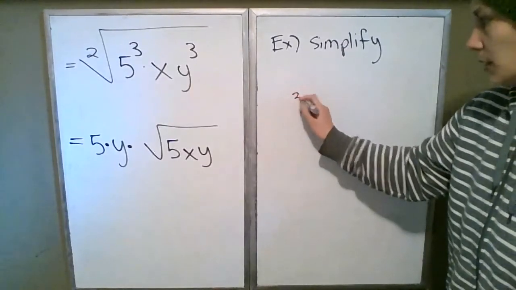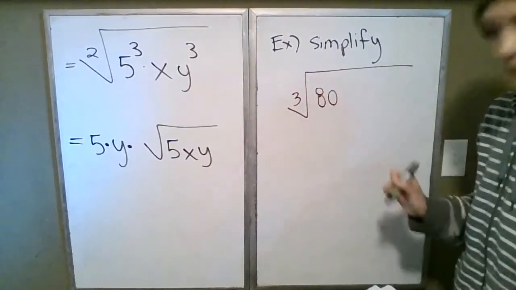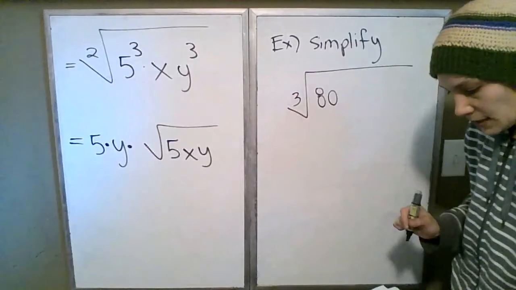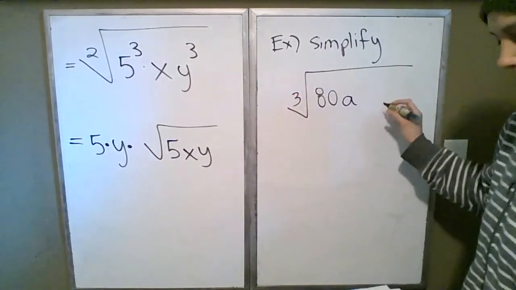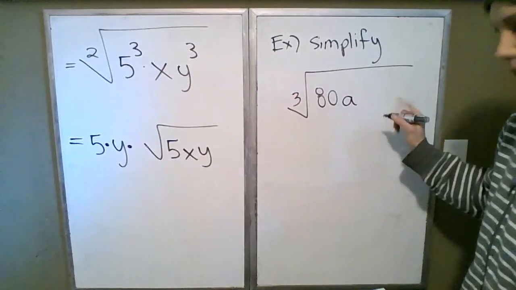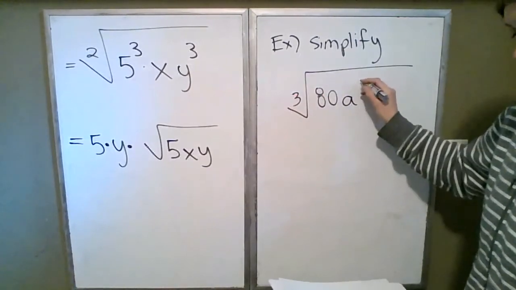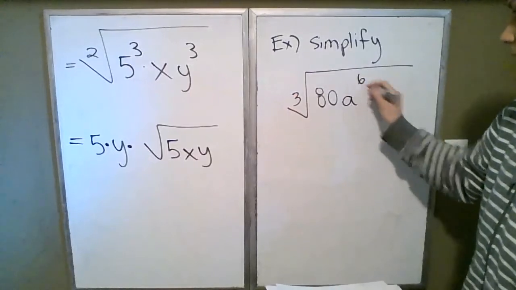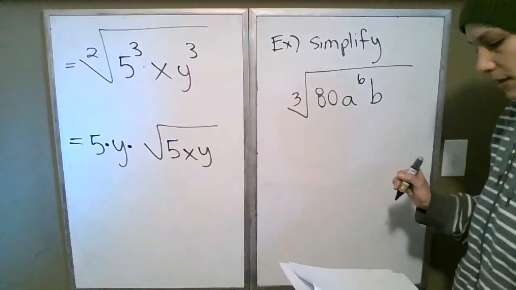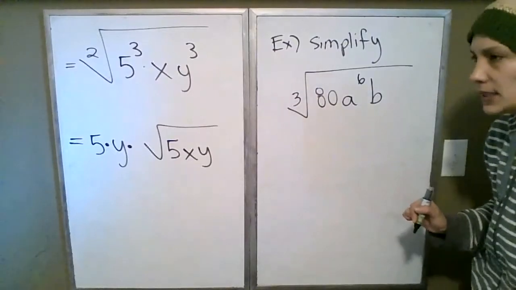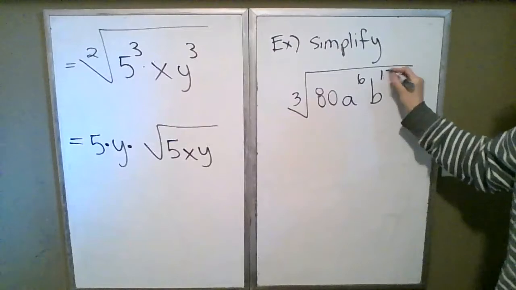It's a cube root. We're going to go with 80. Let's do a, and it has a power of 6. Then b with a power of, let's see, 17.